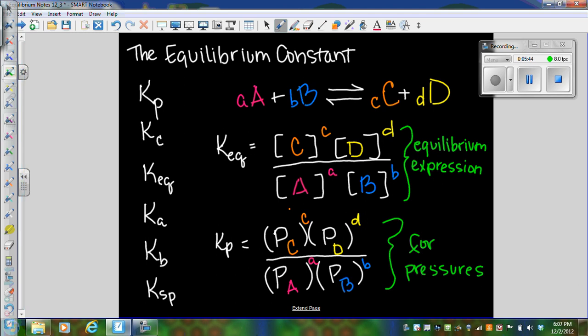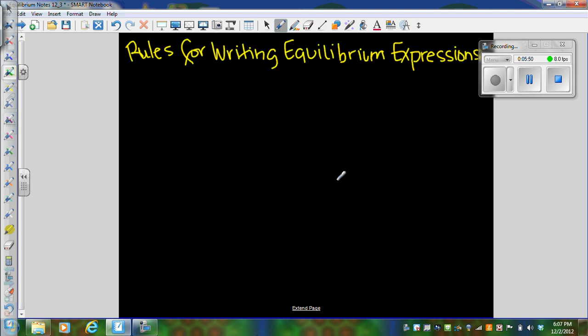So now let's do it with real reactions, real compounds and elements. But before we do that, we want to go through a couple rules for writing equilibrium expressions. And there aren't many. There's just a couple.